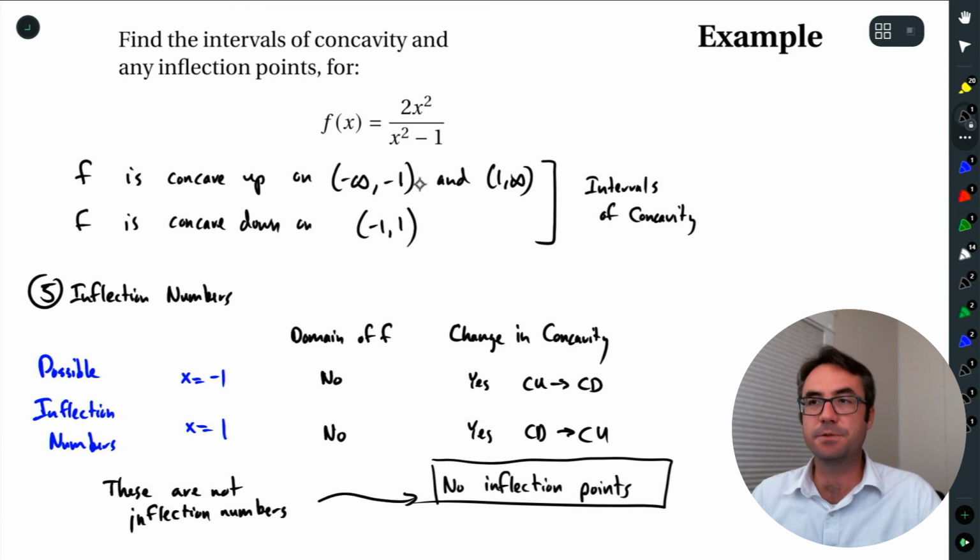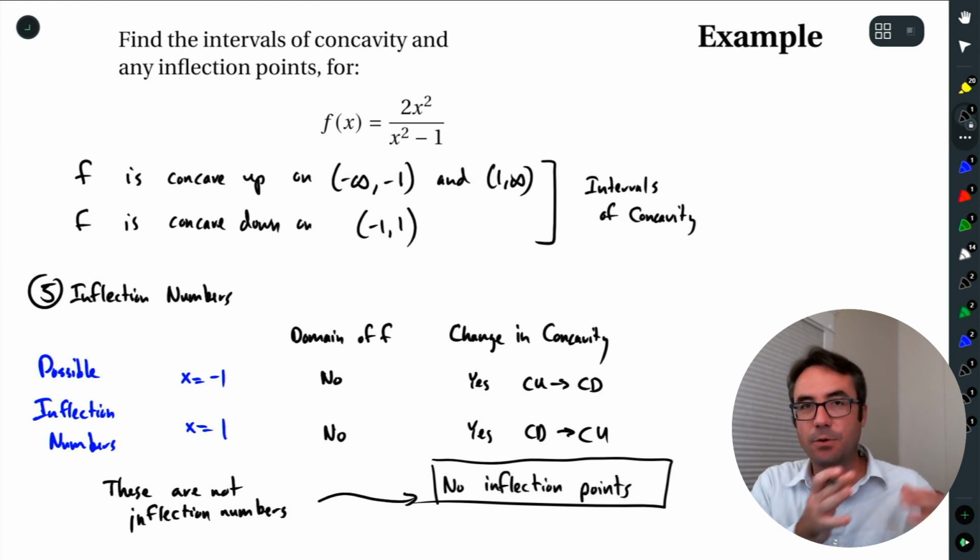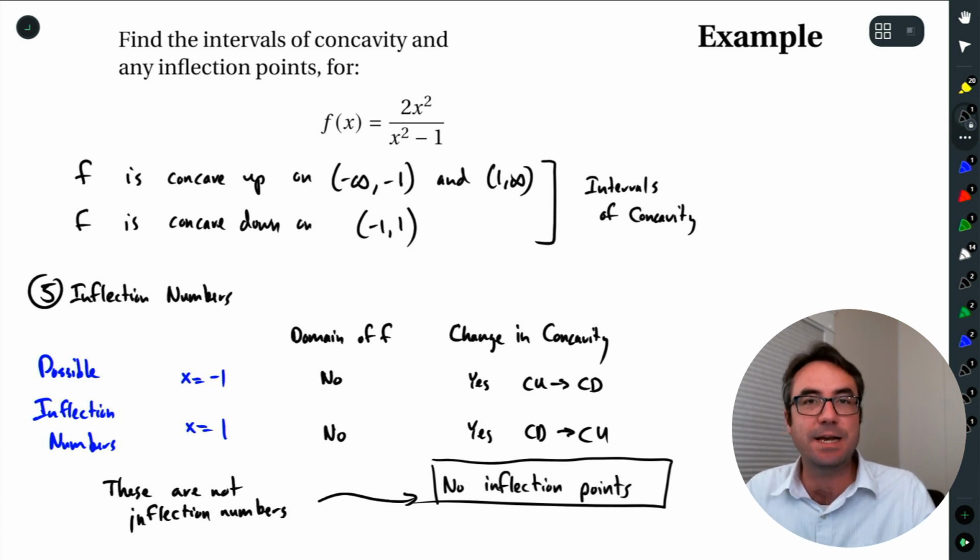So we found our intervals of concavity. There they are. But no inflection points. And that's because, well, these x values that we found, yeah, there is a change in concavity going from one side to the other side, but the function is not actually defined at those x values.